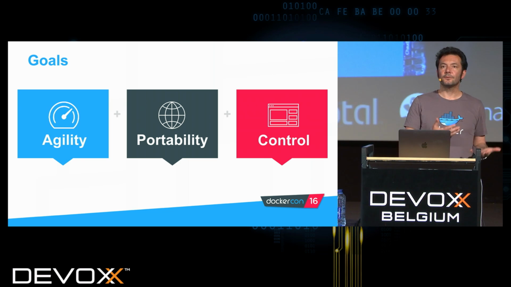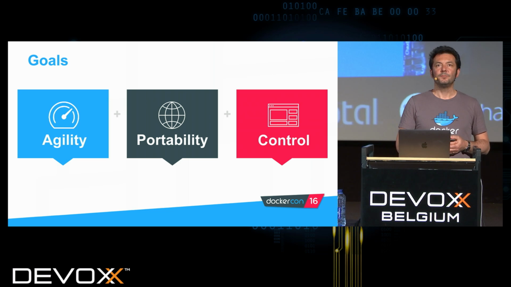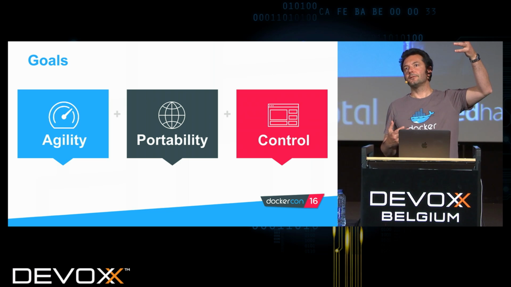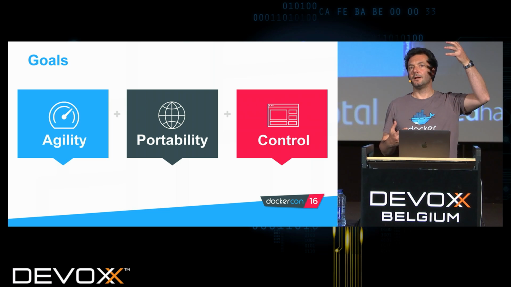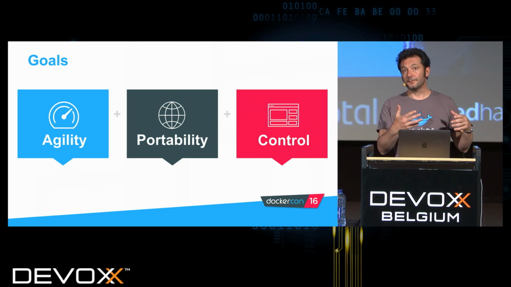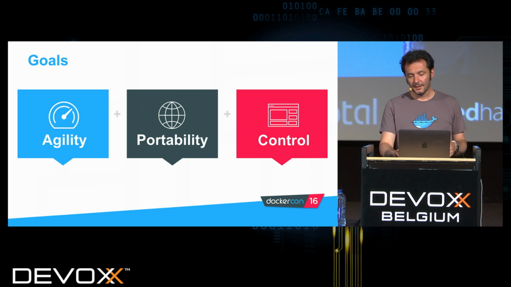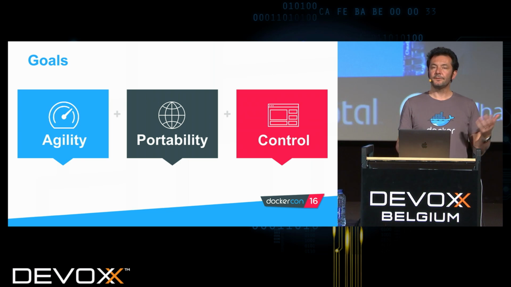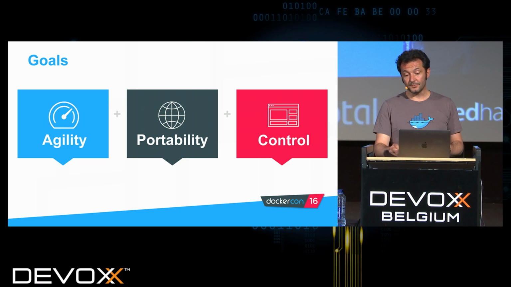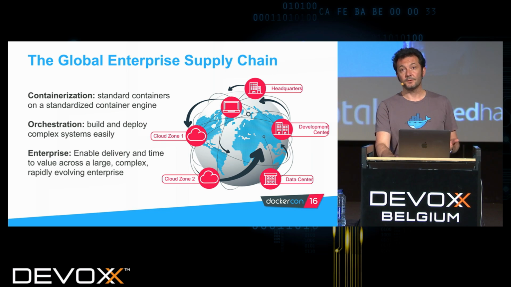It's kind of a new category between Platform as a Service, which is too high level, and Infrastructure as a Service, which is too low level. What we try to get in CAS is agility, portability, and control. Agility mostly for developers, portability for both dev and ops, and control for the ops to be able to set the right resource limitation and access control for running stuff in production.